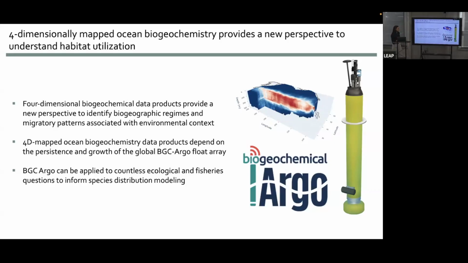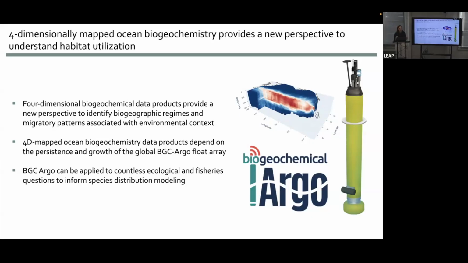So we spent the most time selecting the proxies for optimal foraging conditions, the chlorophyll and POC. There were a few other variables that we could have included in the model, like backscatter, which all provide a slightly different perspective into biological productivity.